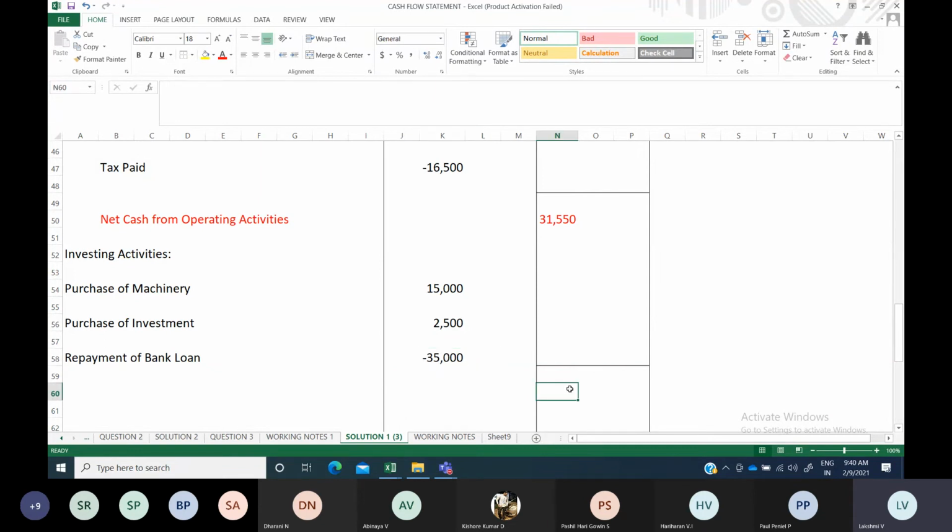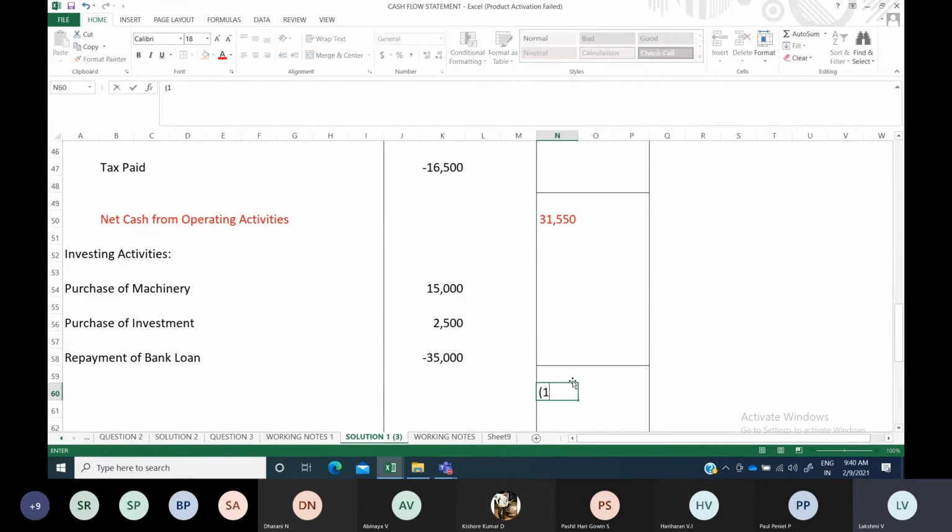If you are getting an outflow, it is cash used in investing activities. Anyhow, you will get negative only here. So 15,000 plus 2,500 minus 35,000, I am getting 17,500 as outflow only.